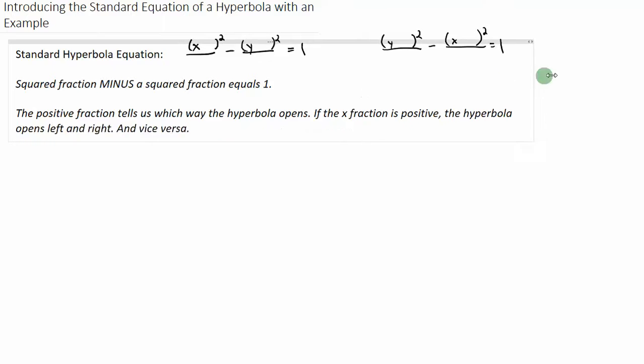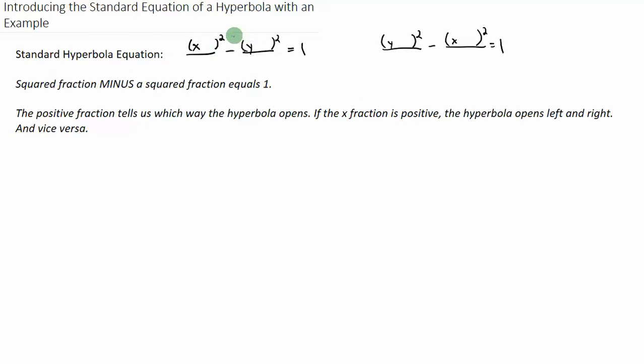So if we go back up here, this equation is going to give us a hyperbola that opens left and right, like this. And if this is the equation, we have a hyperbola that opens up and down. So if the y fraction is positive, it's a vertical hyperbola. If the x fraction is positive, it's a horizontal hyperbola.